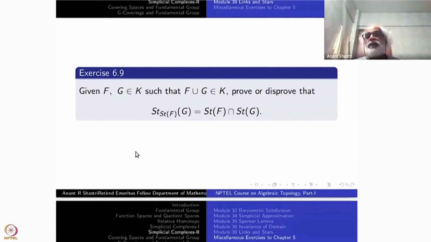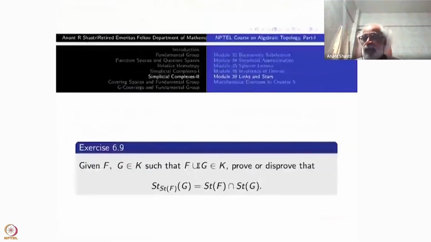Then such a thing happens. You can just prove or disprove it. Then you will know whether you have understood these things correctly. That is all for today. Thank you.